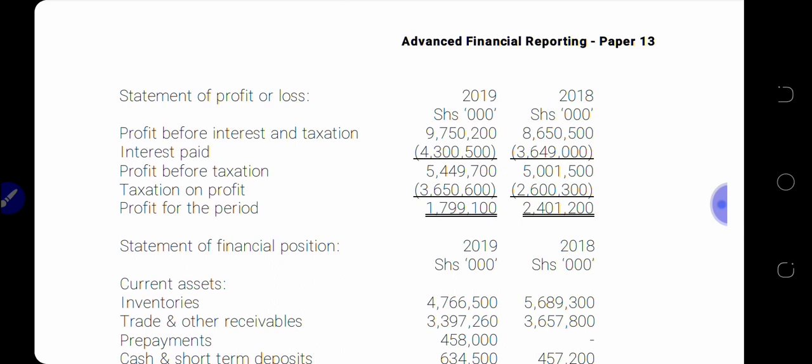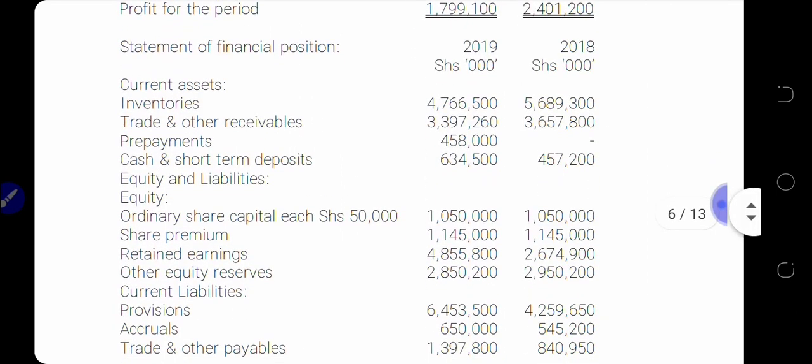Then your denominator, of course, that is the weighted average number of shares. So you see, ordinary share capital each shillings 50,000. So this is our share capital. If you want to find out the number of shares the company has, you get the share capital in terms of cash over the price per share, then you get the number of shares.